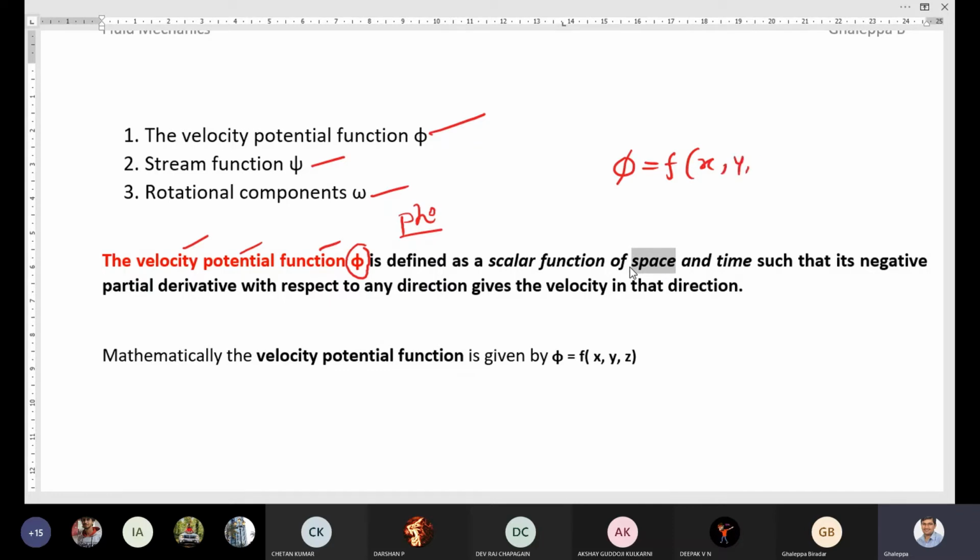So I will write all three. It does not depend purely on x or purely on y, not like that. It is a function of space.